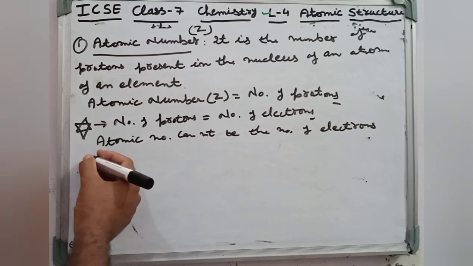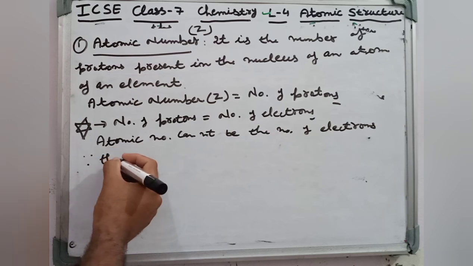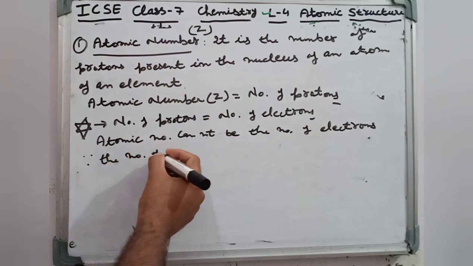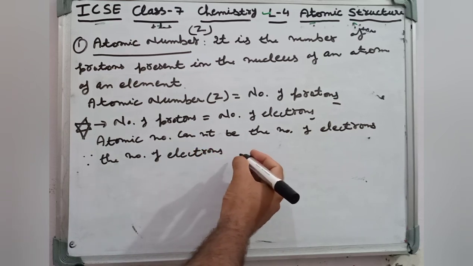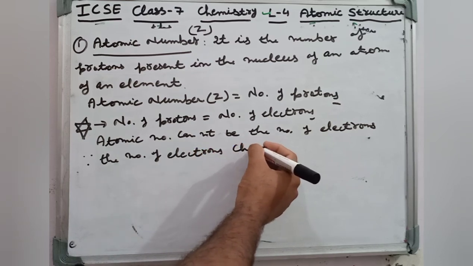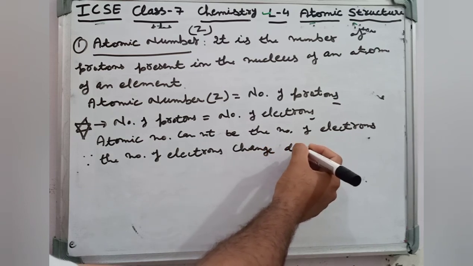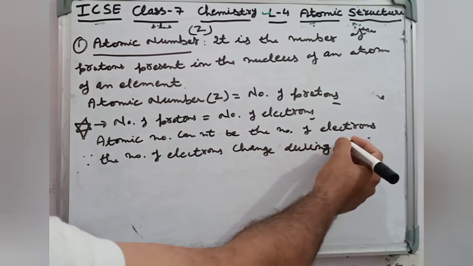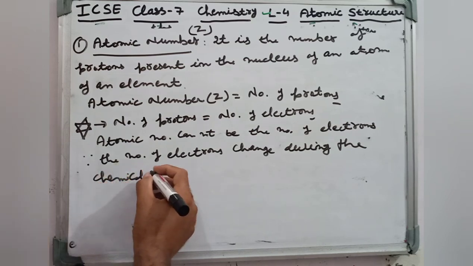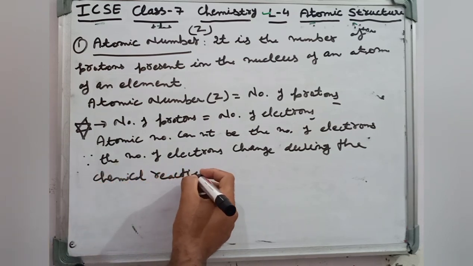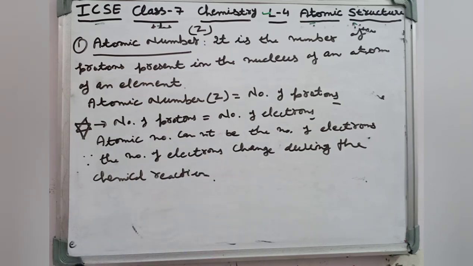Because the number of electrons changes during a chemical reaction. So that's why atomic number cannot be the number of electrons, right?